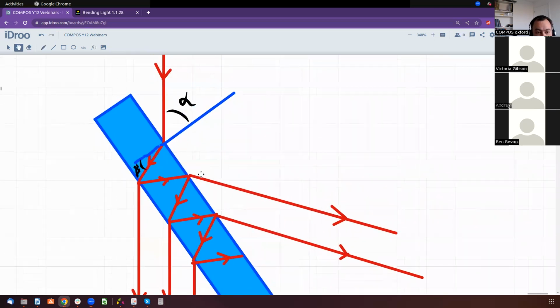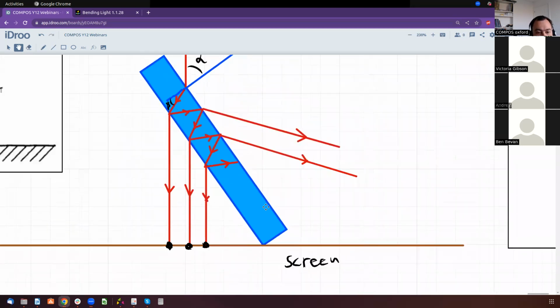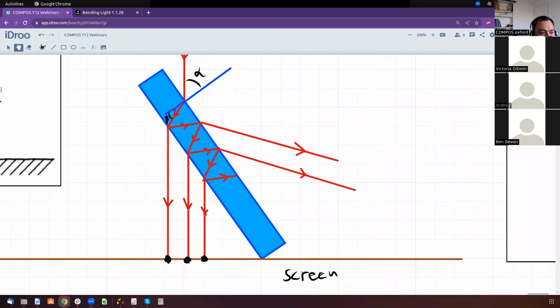Now this angle is alpha. I would like to know this angle. And it looks like this angle is going to be alpha as well. How do I know?